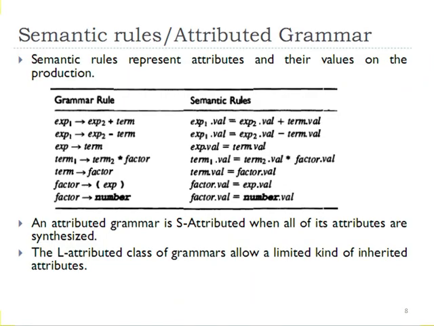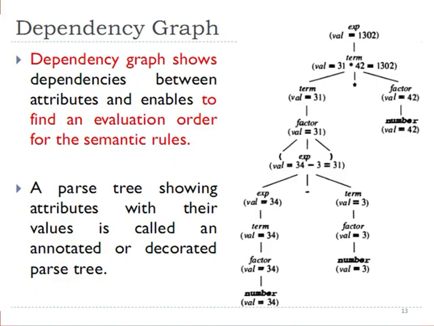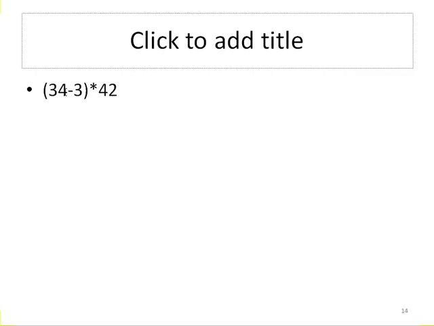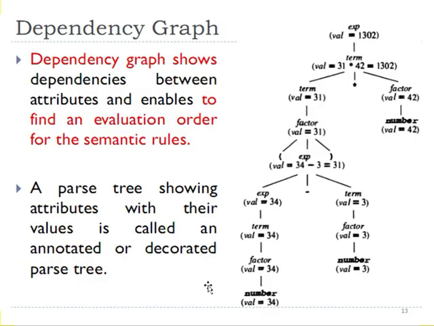As it is a terminal symbol, the value will be the lexical value, and in the given expression the first lexical value is 34. So 34 is assigned as the value of the attribute, and this factor value is calculated from the number.